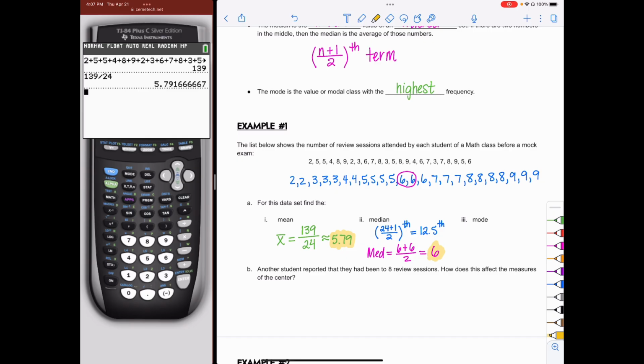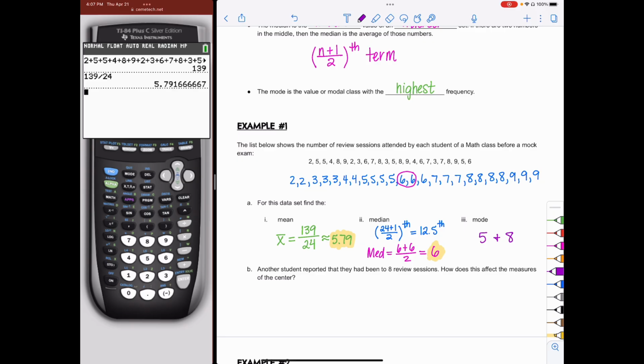And then last but not least, we want to find our mode, which is the number that occurs the most. The numbers that occur the most are 5 and 8, because they both show up 4 times. So you can have more than one mode. Part B says another student reported that they had been to 8 review sessions.